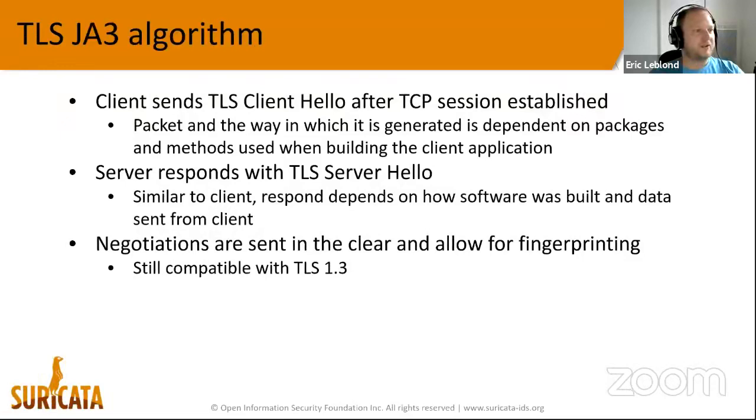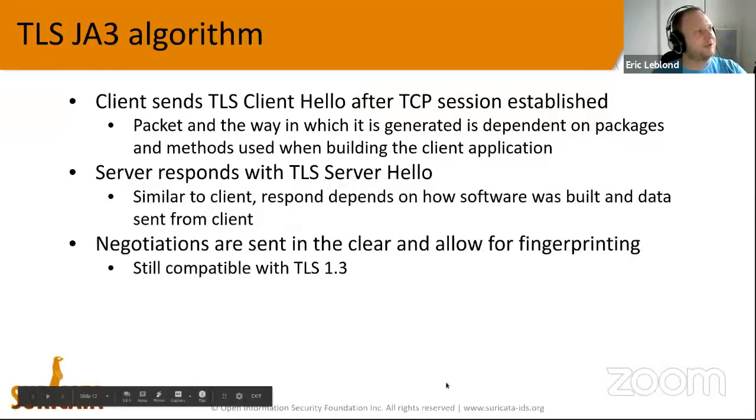The TLS JA3 algorithm, I always forget the name, was invented by three people whose initials are J and A, so that's why it's called JA3. Don't look for some algorithmic explanation of the name. It's just because three people with the initials J and A invented the algorithm.